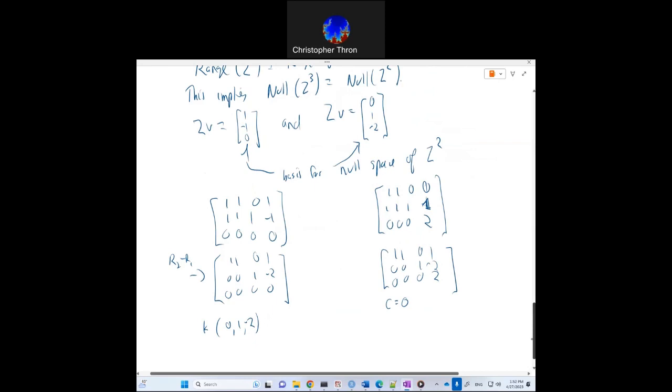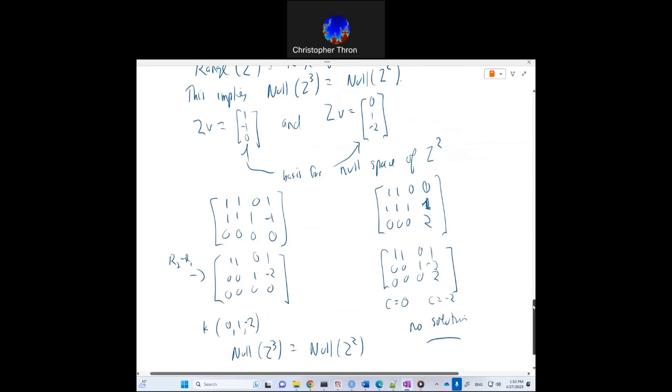This is telling me c equals 0, and this is telling me c equals -2, so there's no solution. So this confirms that the null space of z cubed is equal to the null space of z squared.